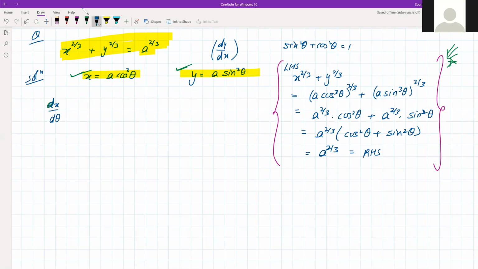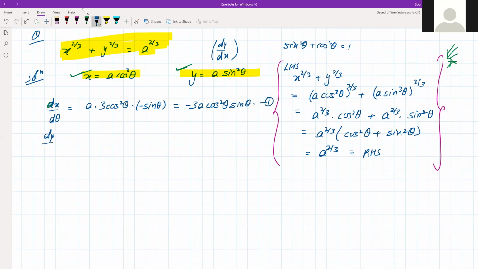dx by d theta will be equal to a into 3 cos square theta, and then the differentiation of cos theta, which is minus sine theta. If I simplify it, I'll write minus 3a cos square theta sine theta. That is our dx by d theta.